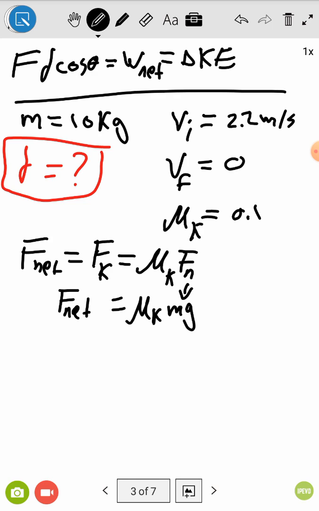Now let us use the formula above. F d cosine theta equals the change in kinetic energy.